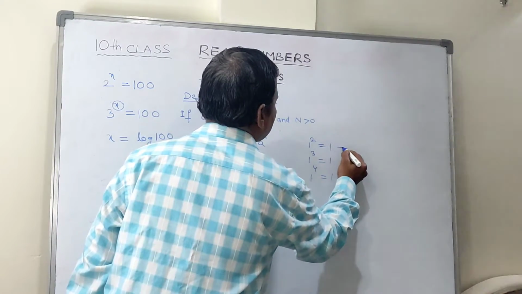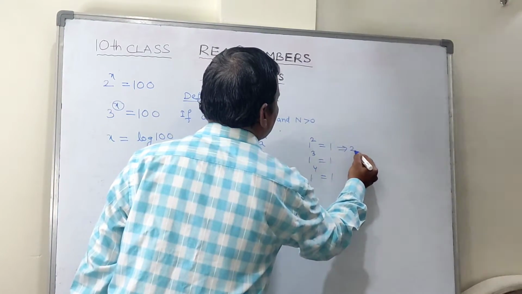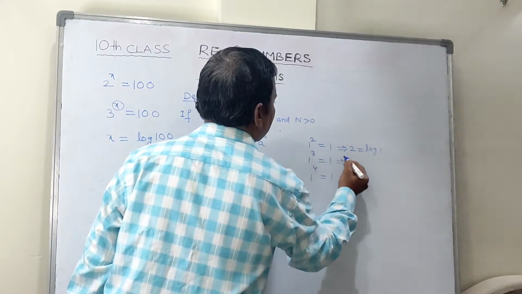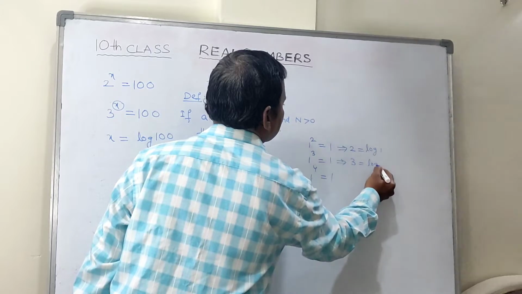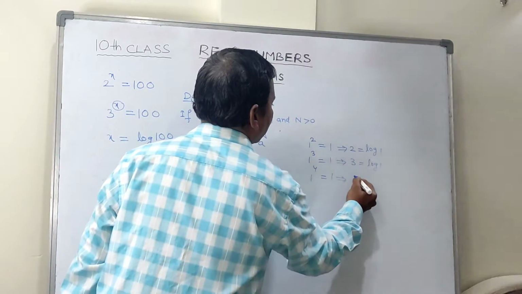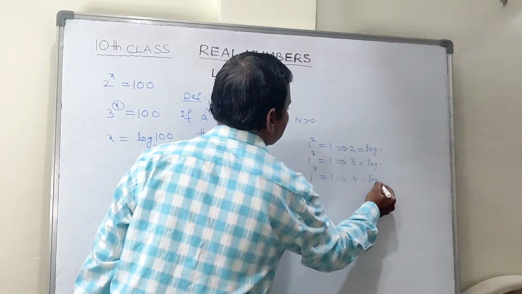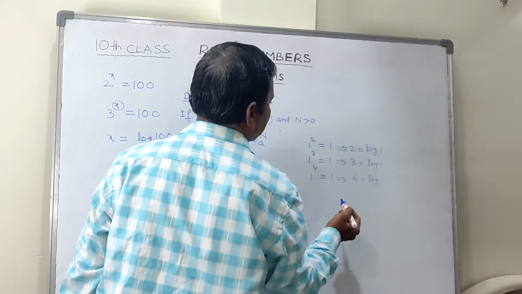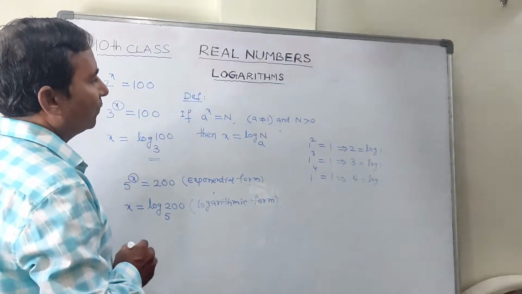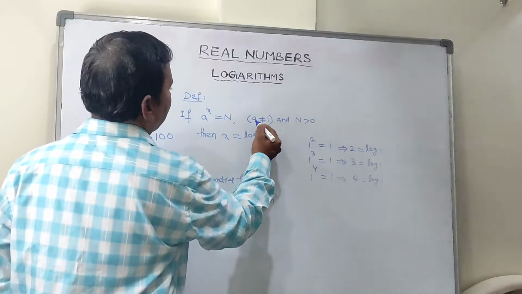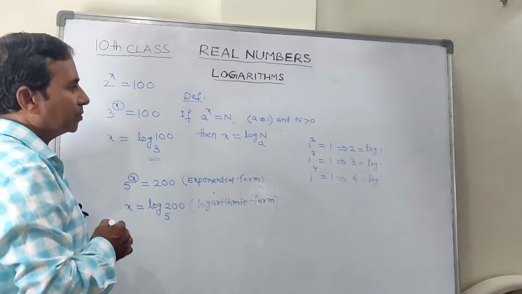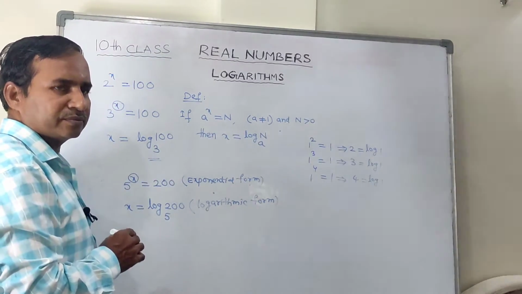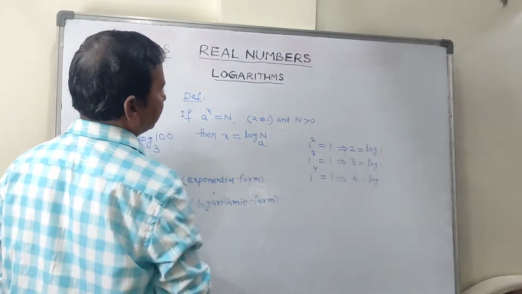If you write by using logarithm, what will you get here? 2 equals log 1, 3 equals log 1, 4 equals log 1. But here it is 2, 3, 4. In such cases we say that we should not take a as 1. If you take a equal to 1, it won't be defined.